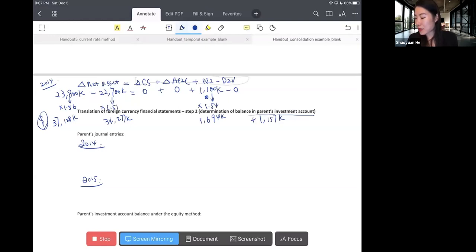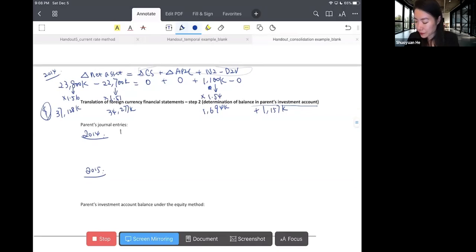This side is the equity side, which means that we need to increase the equity account by 1.157 million. This is actually the cumulative translation adjustment recognized in the year 2014. So on the parent's book, we need to increase the investment account and credit cumulative translation adjustment for the same amount.